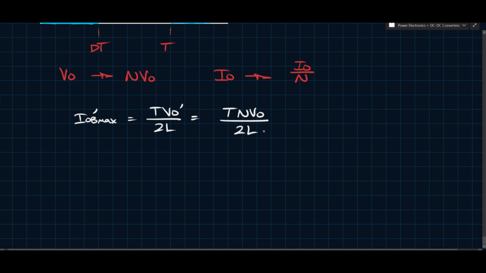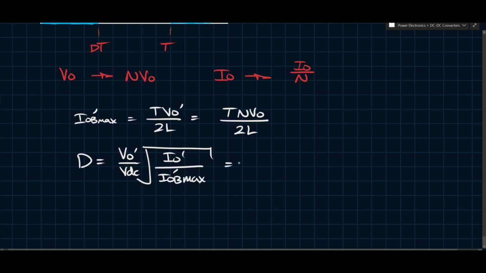Or if you remember, the conversion ratio in the discontinuous conduction mode was VO over VDC. That's what it always is, of course. VO prime, though, times IO prime over IOB prime max. And so what you end up getting is VO prime, which is nVO over VDC, and you have IO over n, and then you have the equation that we just wrote above.